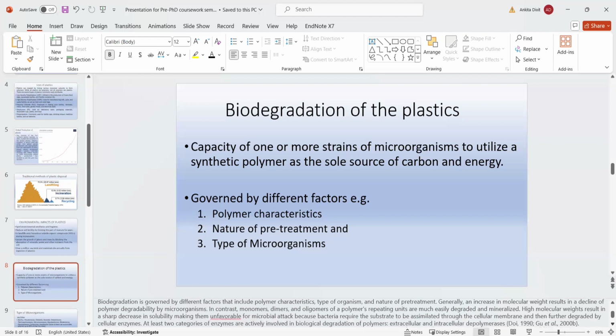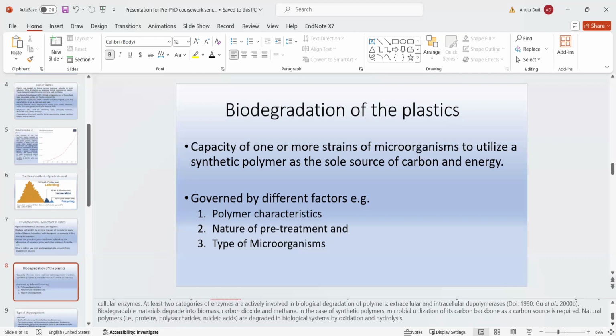Higher molecular weights result in a sharp decrease in solubility, making plastic unfavorable for microbial attack, because bacteria require a substance to assimilate through a cellular membrane and then further degrade it by cellular enzymes. At least two categories of enzymes are actively involved in the biological degradation of polymers, that is extracellular depolymerase and intracellular depolymerase.